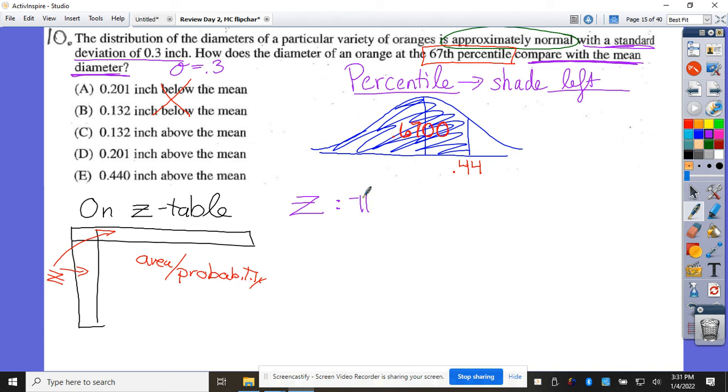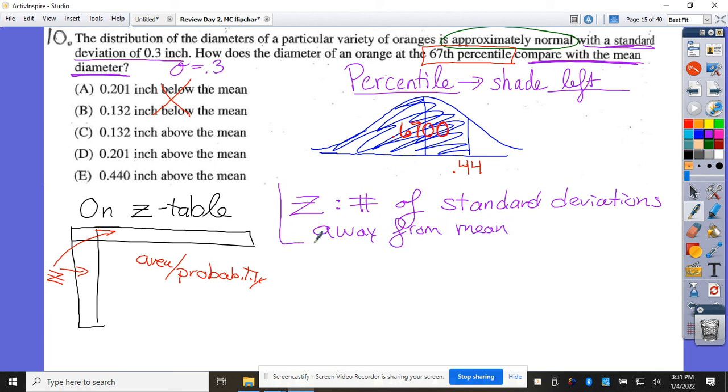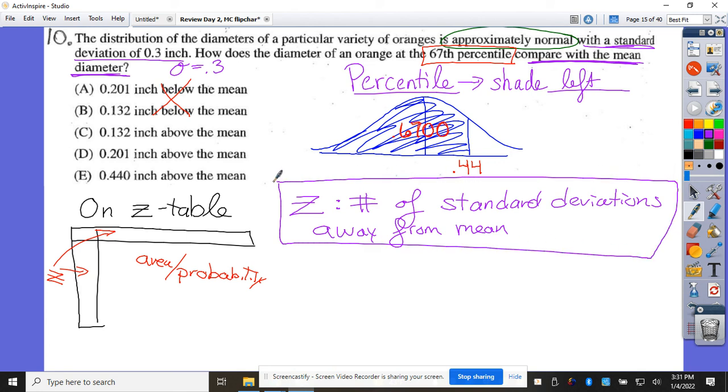The number of standard deviations away from the mean. So this is telling me how many standard deviations I am away from the mean. So is that my answer? No.